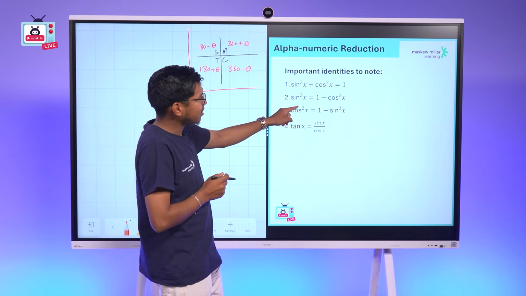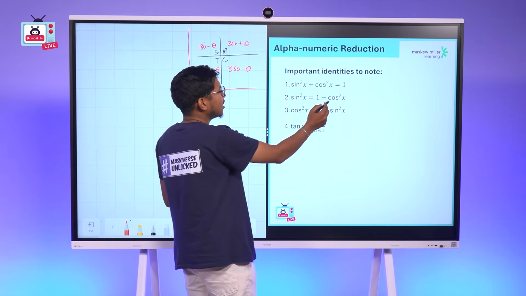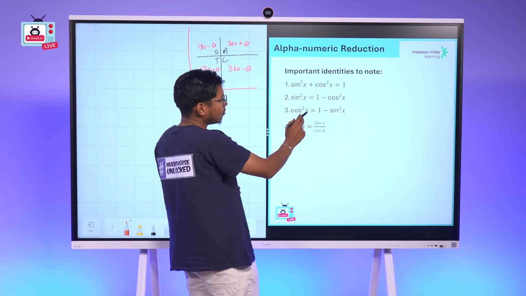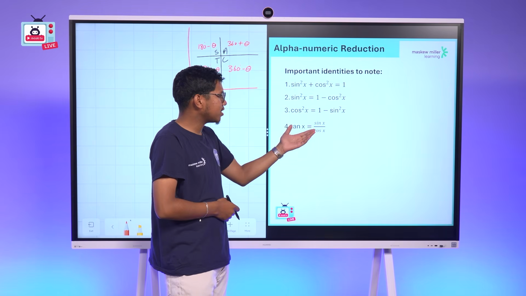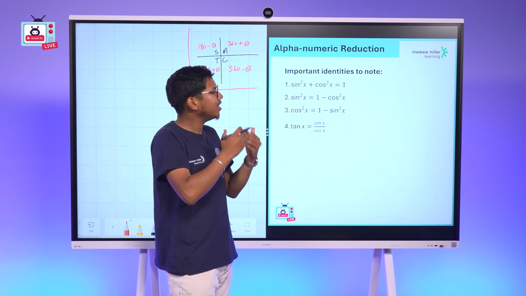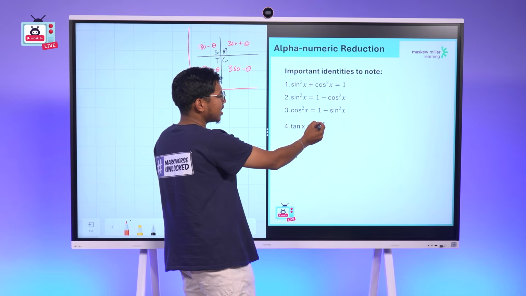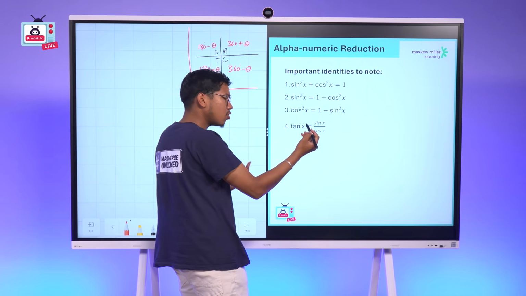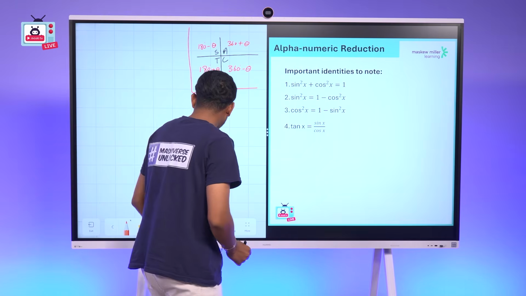Sine squared theta can be written as 1 minus cos squared theta. And if we manipulate this equation, cos squared theta will be 1 minus sine squared theta. And then lastly, tan of x, I'm saying theta, but theta can be x, beta, alpha. It refers to your angle, okay? Tan of x is sine of x over cos of x, or tan of theta is sine of theta divided by cos of theta.